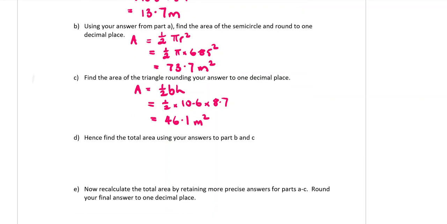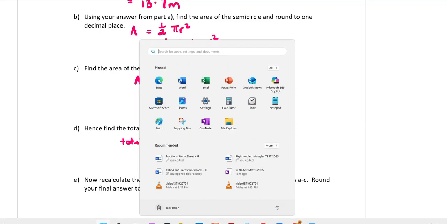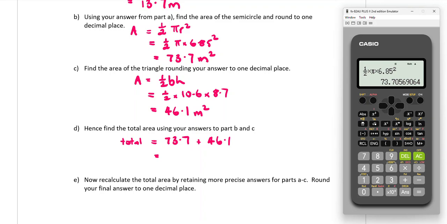Hence, find the total area. The total area of that shape is going to be adding those last two results together. So 73.7 plus 46.1, which is 119.8.